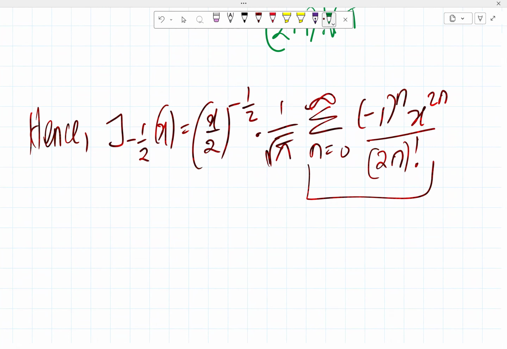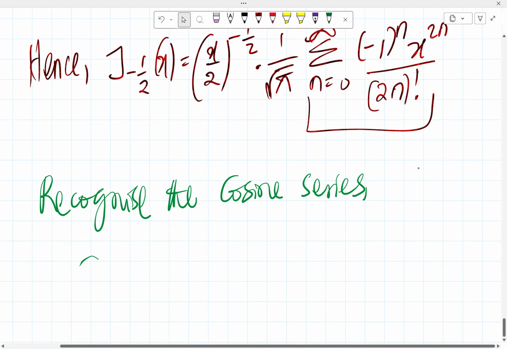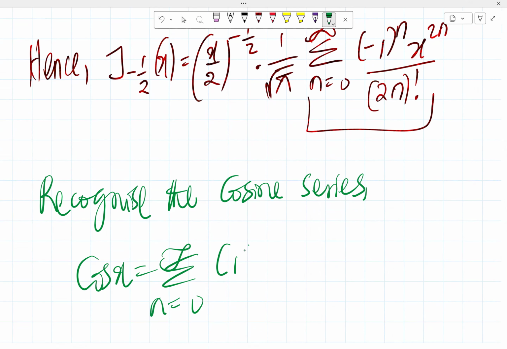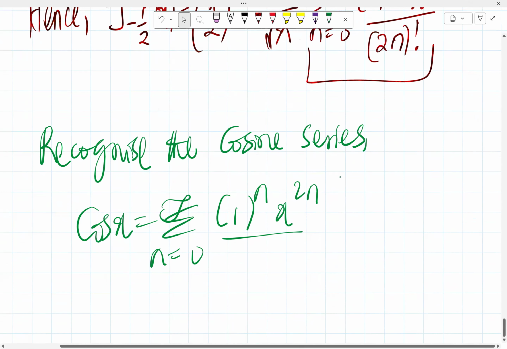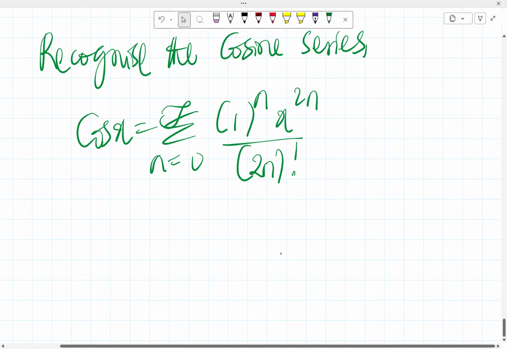So we can recognize the cosine series. The cosine series can be given as cos x equals summation from n equals 0 to infinity of minus 1 raised by n, x raised by 2n, all over 2n all factorial.